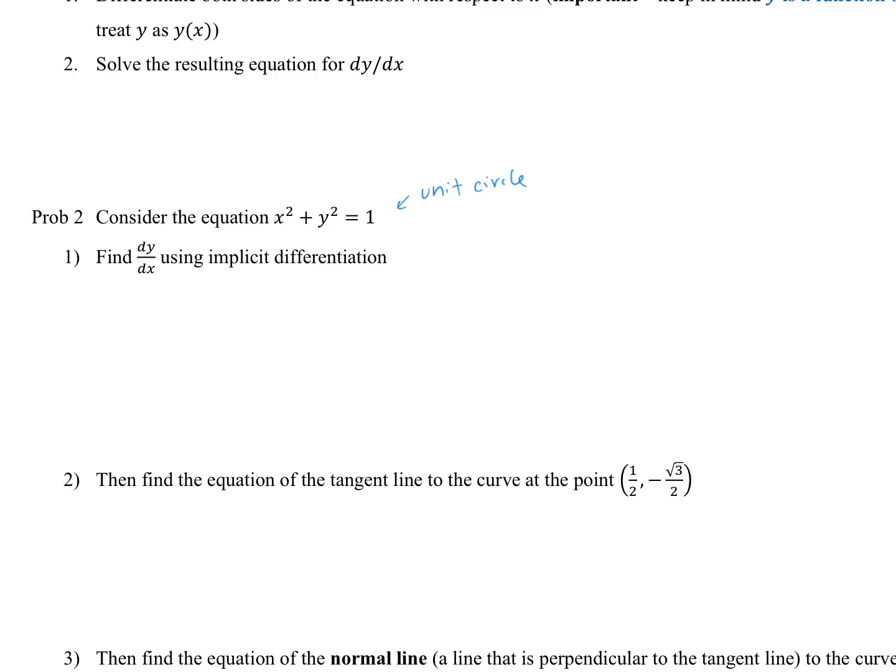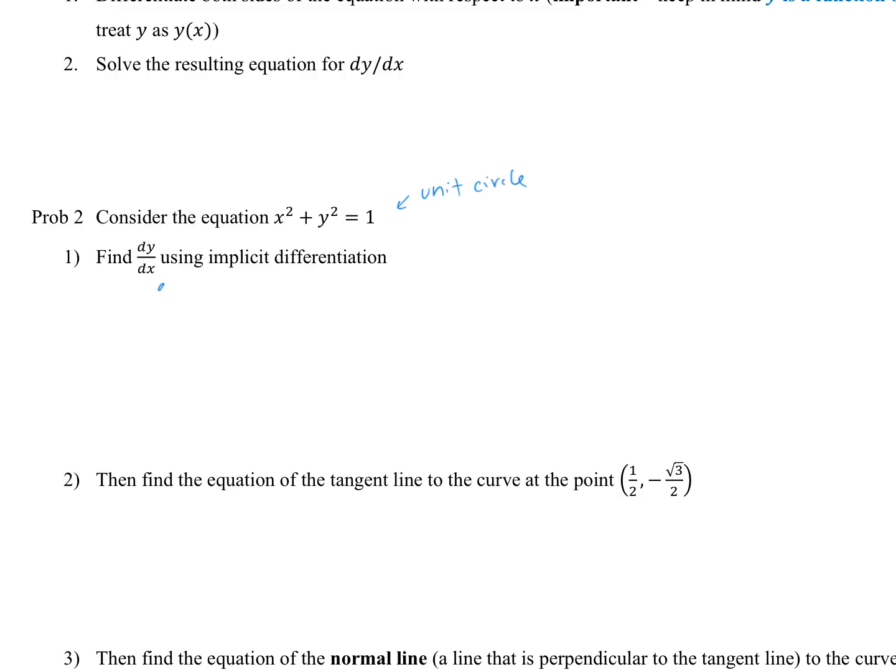You definitely can do that, but let's stick with the implicit differentiation here. And later on, you'll see sometimes it's just impossible for you to solve for y, and you will have to use implicit differentiation.